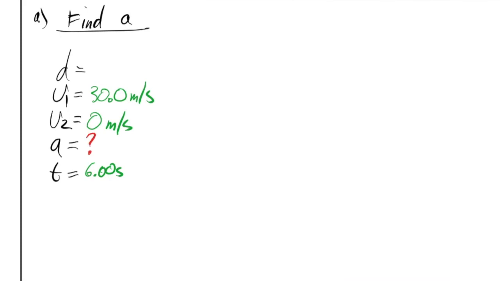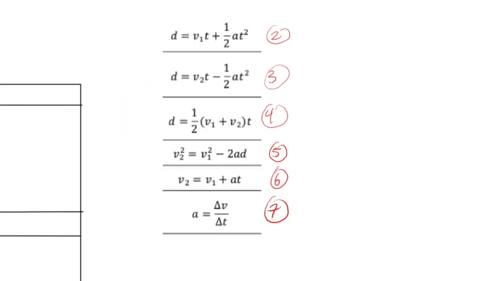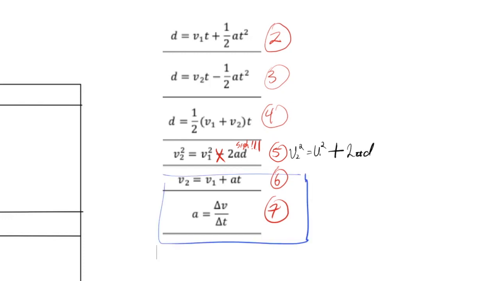We are looking for the acceleration, which means we're going to pick the formula that does not have distance in it. So let's refer to our list of equations over here. So these are the accelerated motion equations, and these are equations 2 through 7. Now, remember, 6 and 7 are basically the same equation.